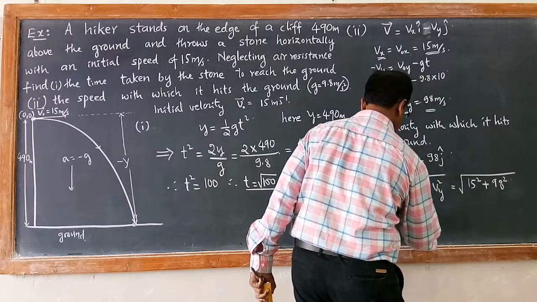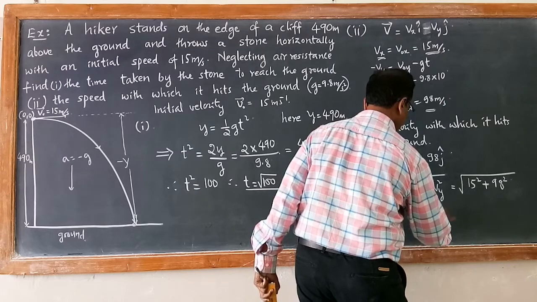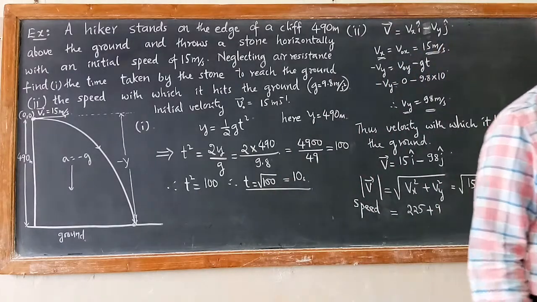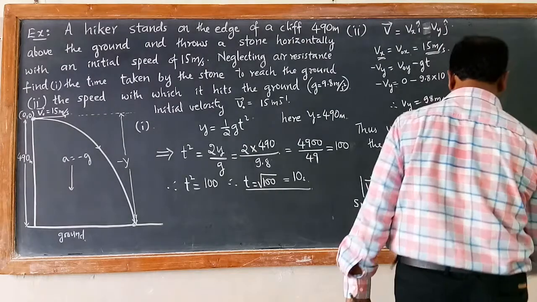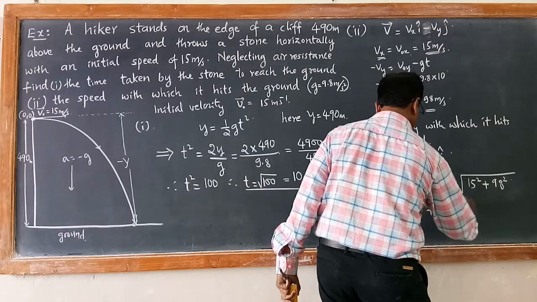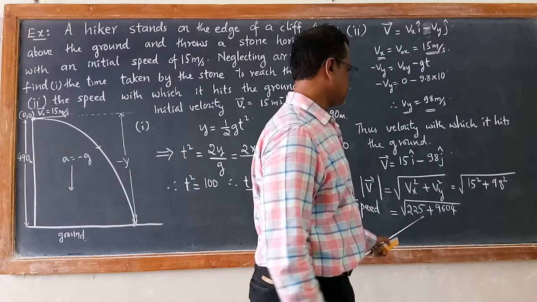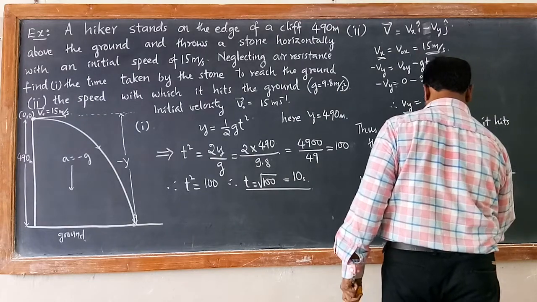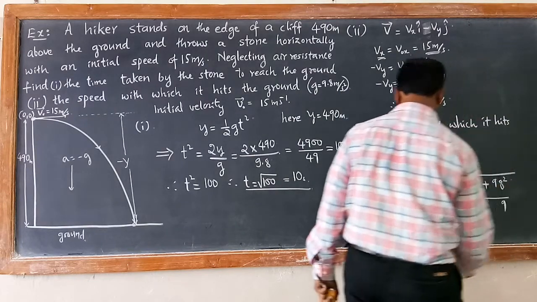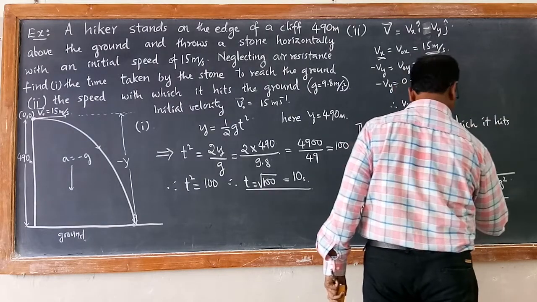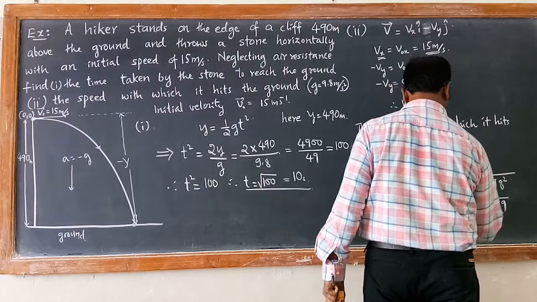Now substitute the value of 15 square and 98 square. So 15 square is 225, plus 98 square is 9604. When you add this, we get 9829.